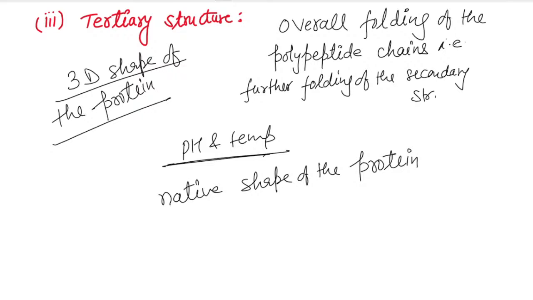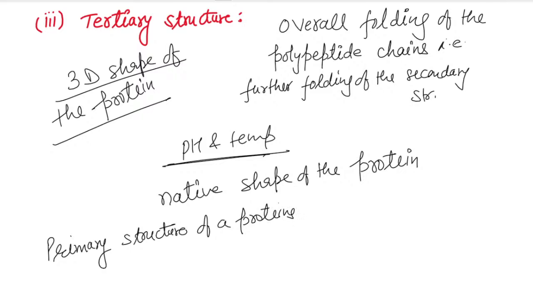So the primary structure of a protein dictates its tertiary structure, because different sequence, different shape. Primary structure determines the sequence of alpha amino acids. That's why the primary structure of a protein decides the tertiary structure of the protein.